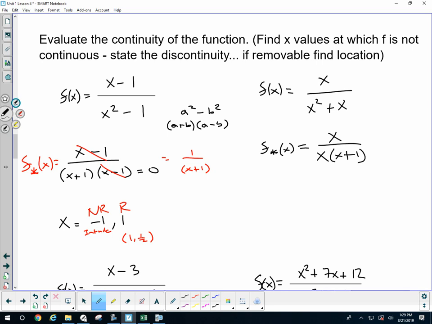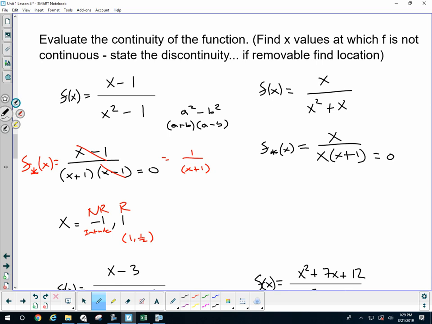So our two numbers are x equals 0 and -1. 0 is where our hole is because I can cancel that. -1 is where my asymptote is. What is the location of the hole? Yep, you got it.